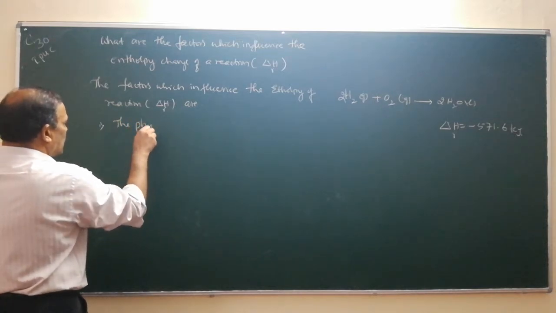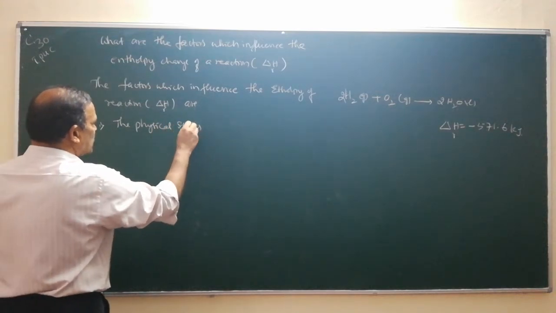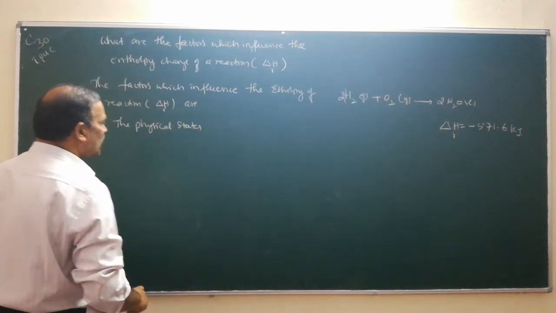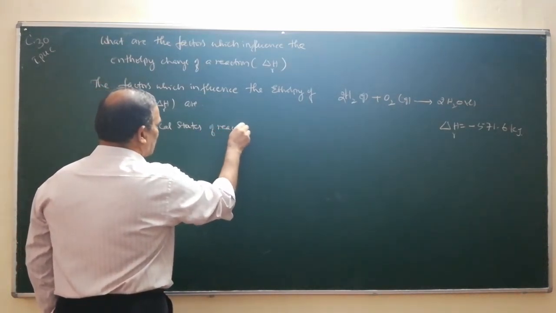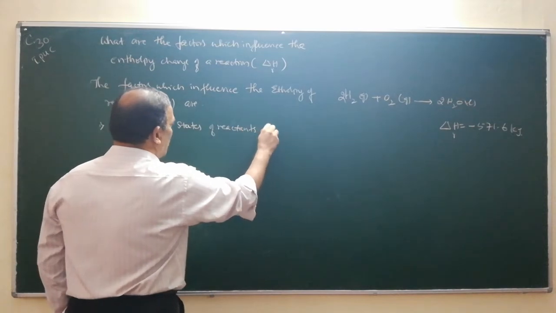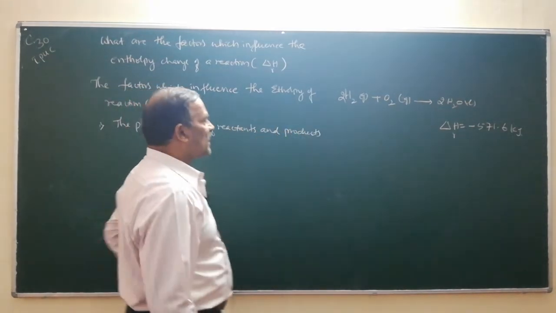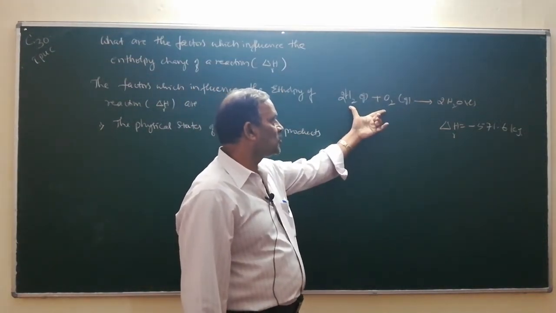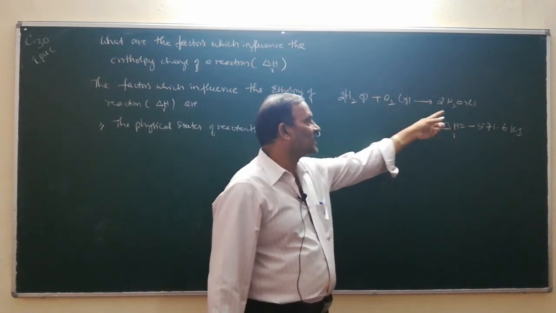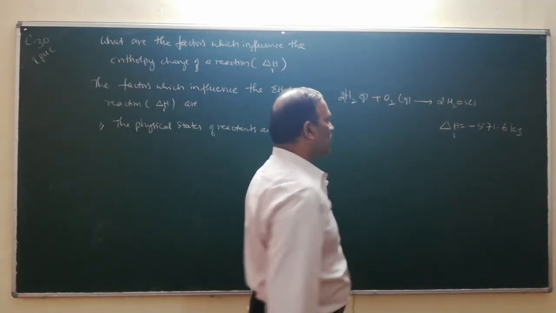the physical states, whether it is solid, liquid or gas, physical states of reactants and products. In a chemical reaction, the substances which are going to react are called reactants, and the substances which are formed during the reaction are called products.